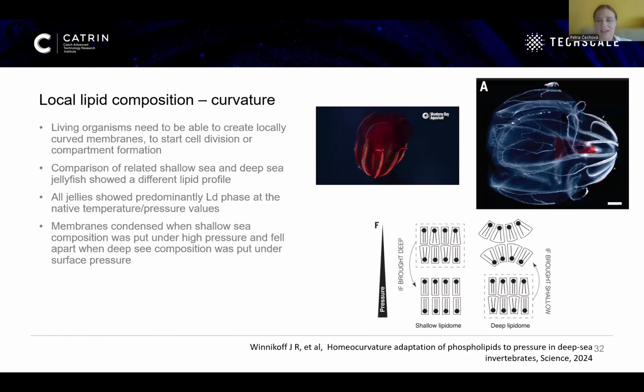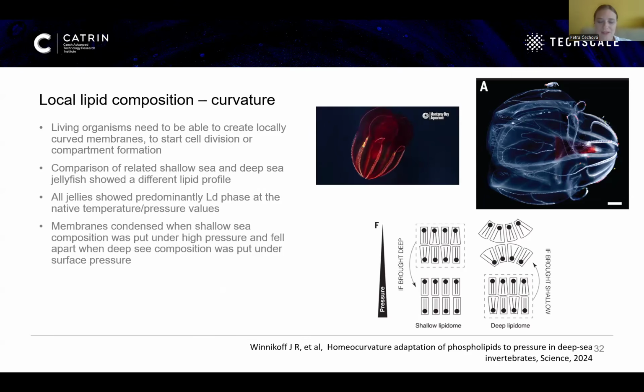But before we get to these inverse structures, I would like to take a short break and just talk about some sea organisms. This is a really nice study in the journal Science that I think really illustrates the great diversity of lipids and how crucial they are to life.